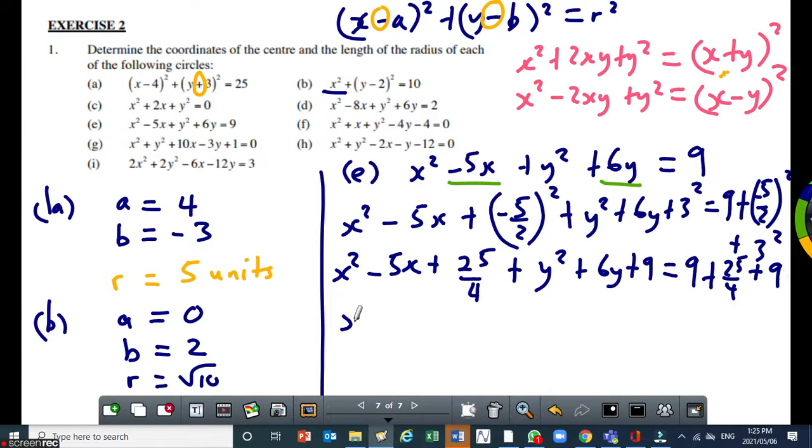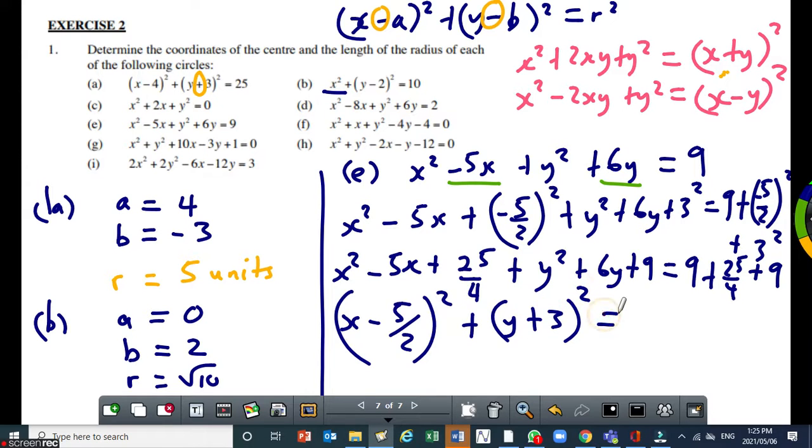So we are going to have (x - 5/2)² + (y + 3)², where half of the coefficient of y is 3, is equal to. Now we are on the right hand side. 9 plus 9 gives us 18, right? So we end up having 18 + 25/4. What is 18 + 25/4?